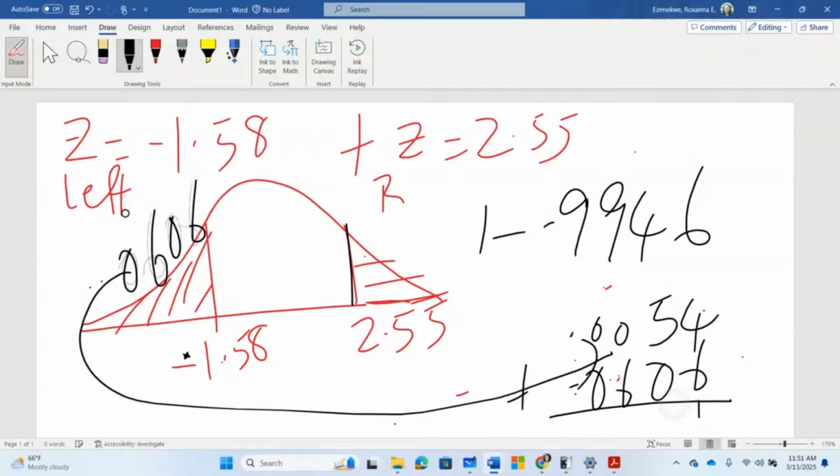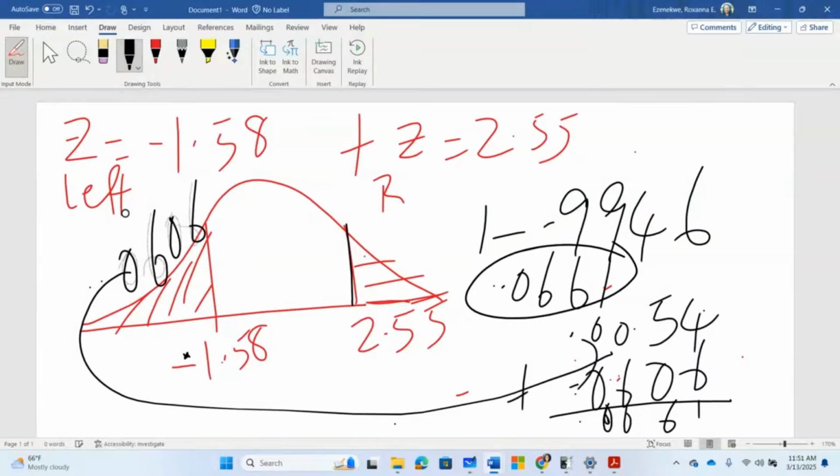So the total area is going to be 0.0661. So that is the area to the right plus the area to the left.